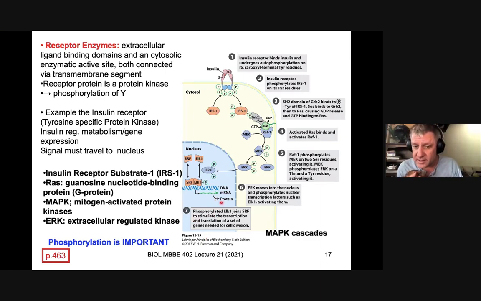So this is where we see the insulin receptor substrate number one playing a role in regards to forming a protein complex. And we've already discussed what this protein complex does in the form of phosphorylation to basically phosphorylate this protein, the extracellular regulated kinase.